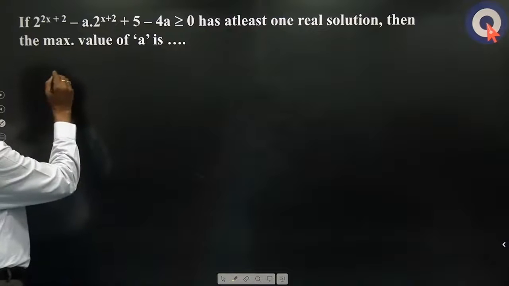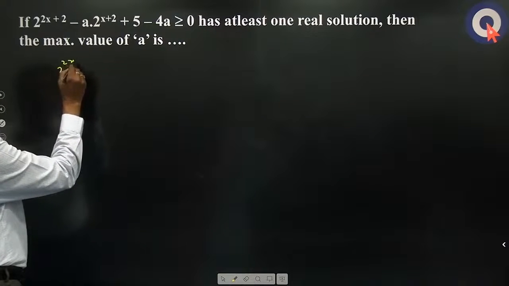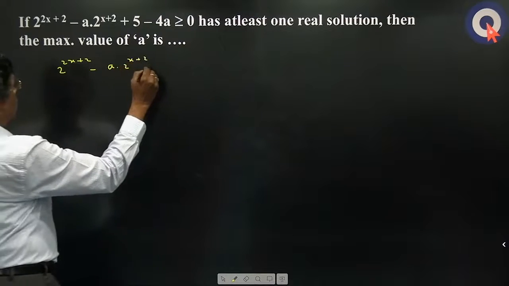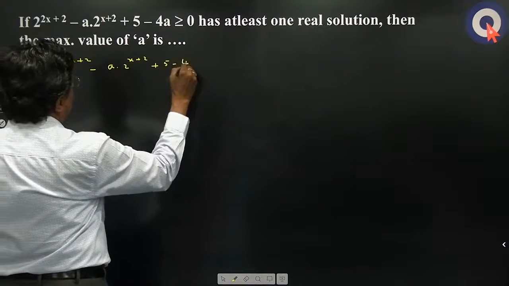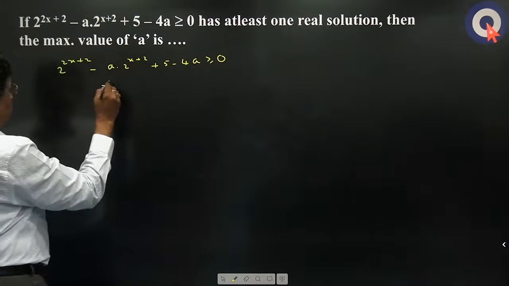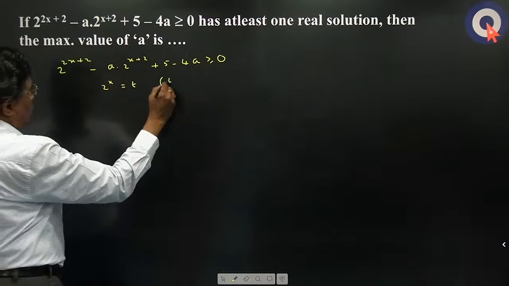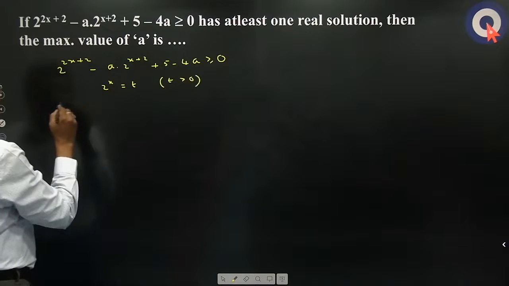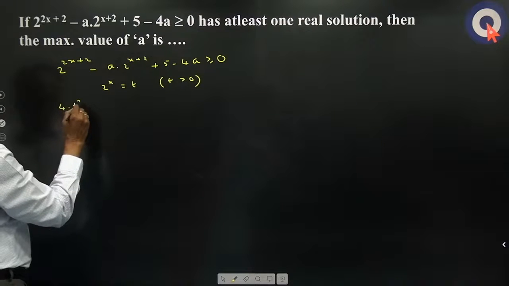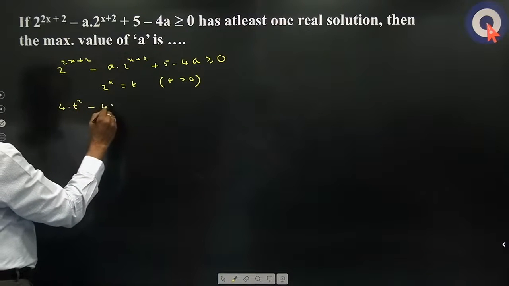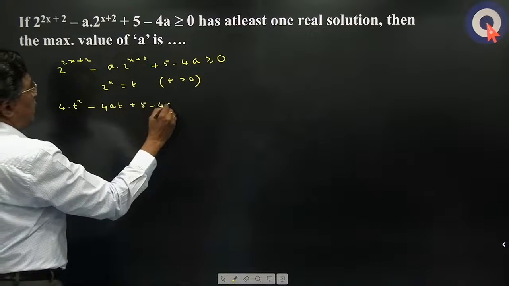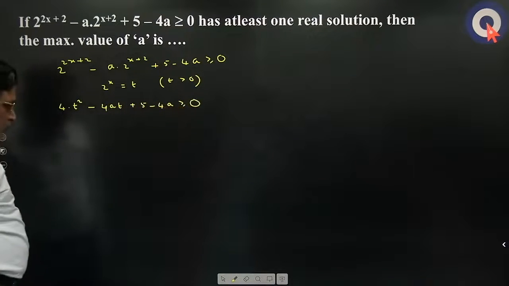The given inequality is 2 power 2x plus 2 minus a into 2 power x plus 2 plus 5 minus 4a greater than or equal to 0. So I will just keep 2 power x equal to t. So obviously t is greater than 0. So I have here 4 into t square minus 4at plus 5 minus 4a greater than or equal to 0.